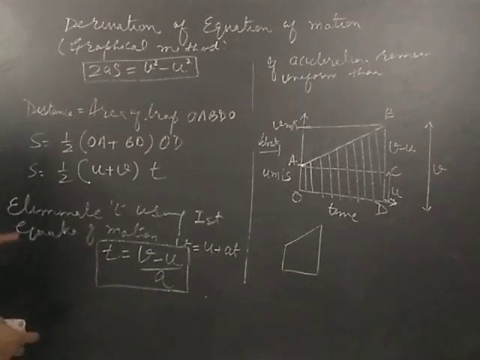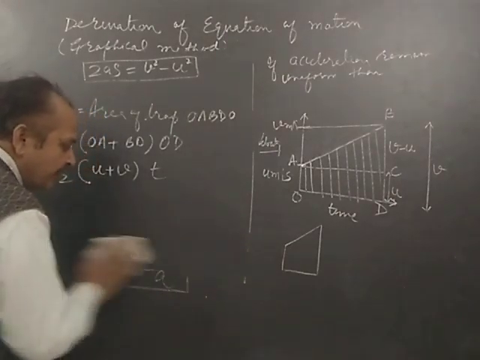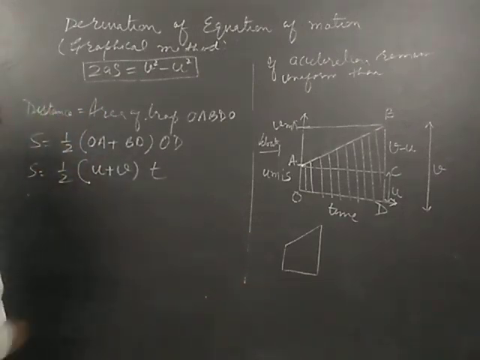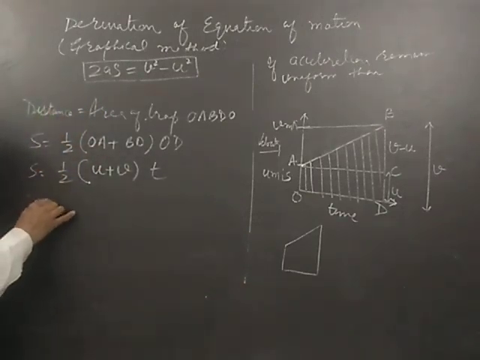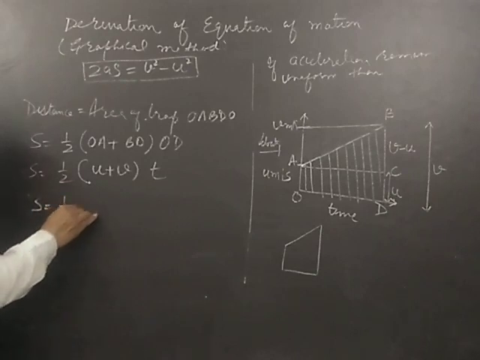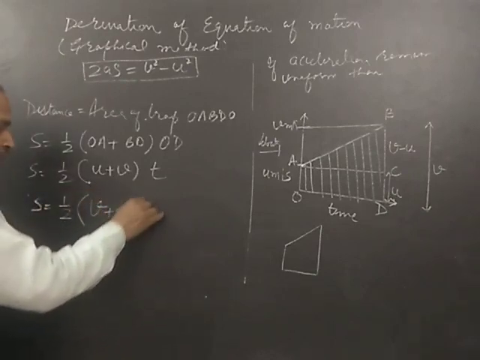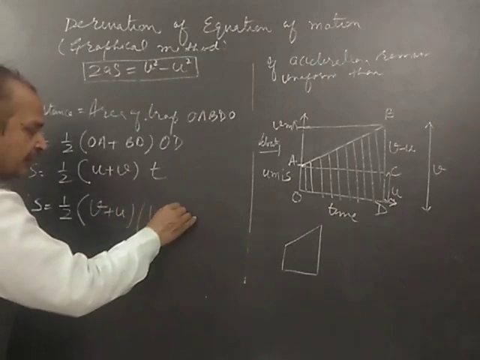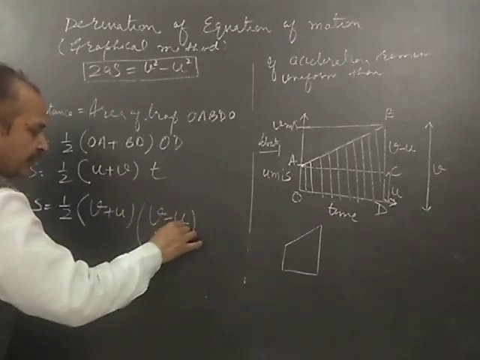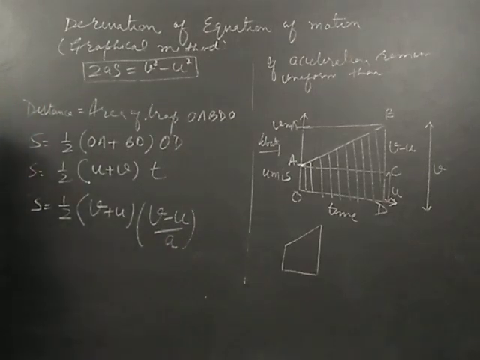So S is equal to half into V plus U, and instead of T we are writing V minus U by A. Cross multiply, and what is this?